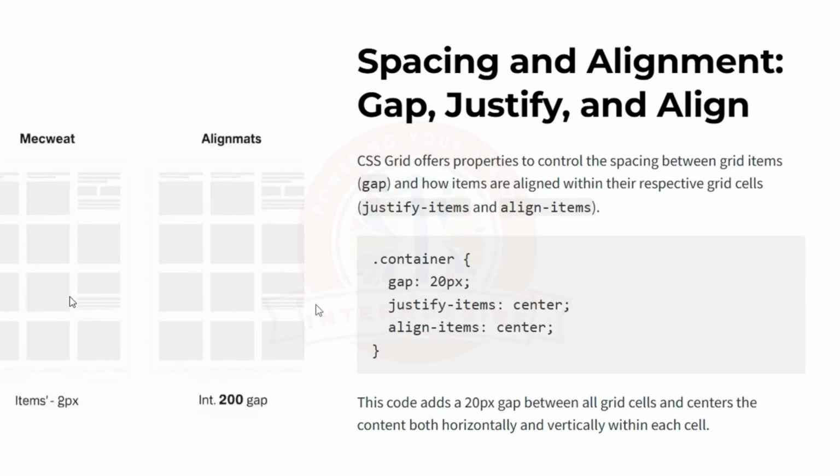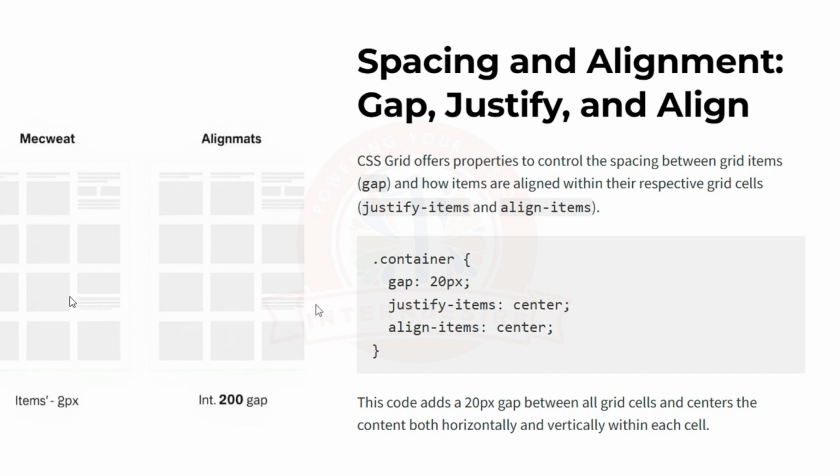So let's discuss spacing and alignment: gap, justify and align. Spacing is very important in CSS Grid. CSS Grid offers properties to control the spacing between grid items, that is gap, and how items are aligned within their respective grid cells, justify-items and align-items. In the .container class, we have gap: 20px between all the grid cells, justify-items: center, align-items: center.